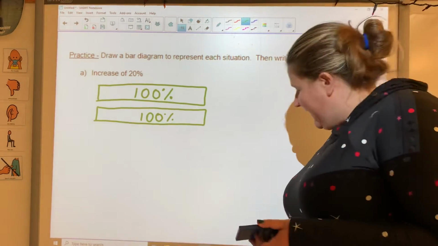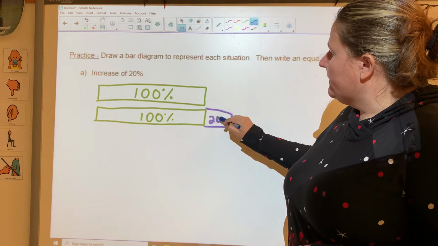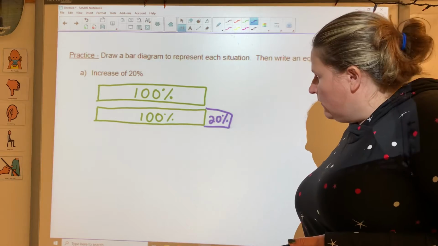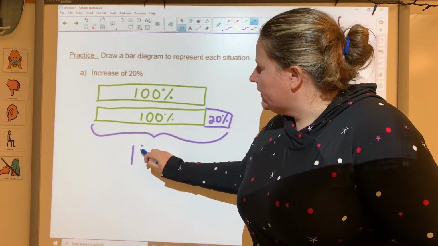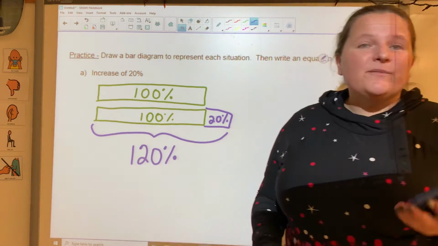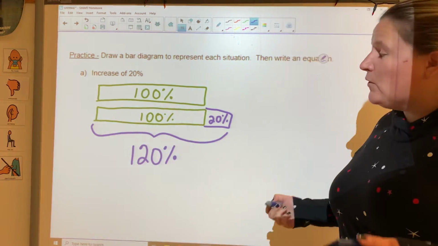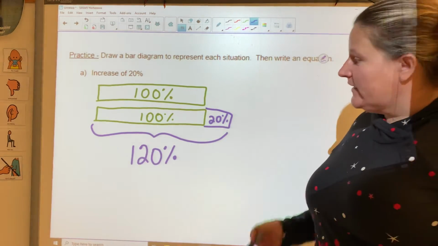But we're also adding to it 20% more. So how long now is the whole thing? The whole thing is 120% long.